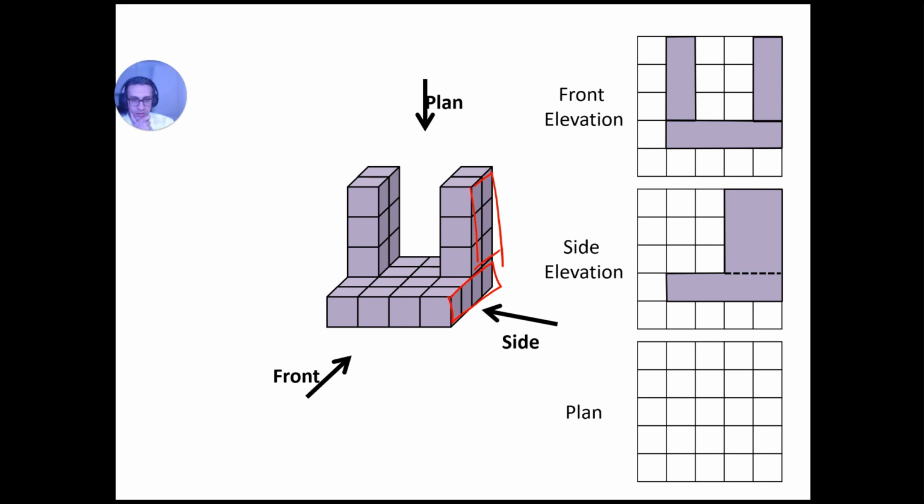And then for the plan view, what we'd see from above are these two rectangles and then this kind of T shape, and that would look like this.